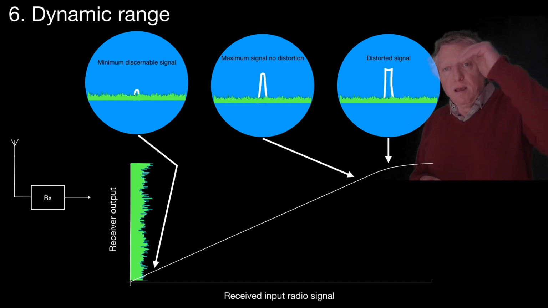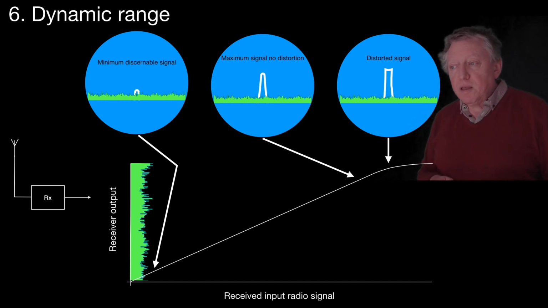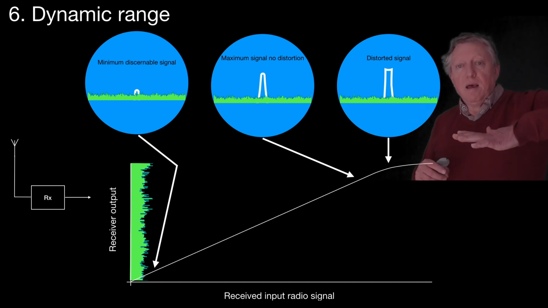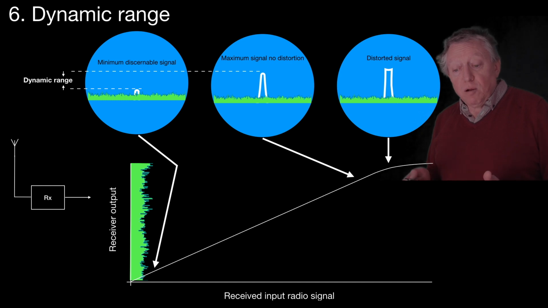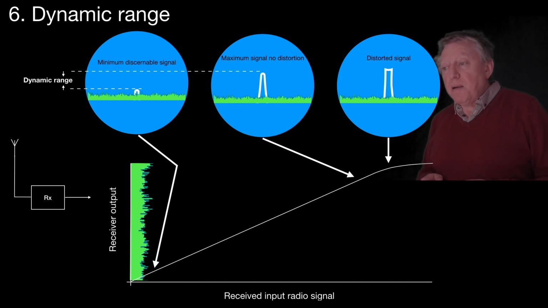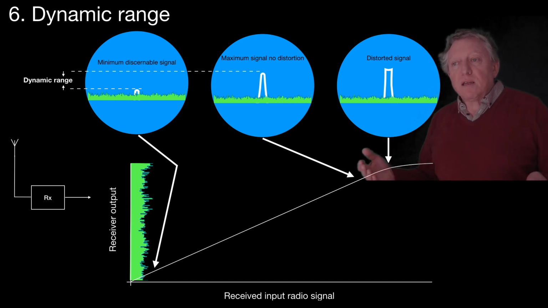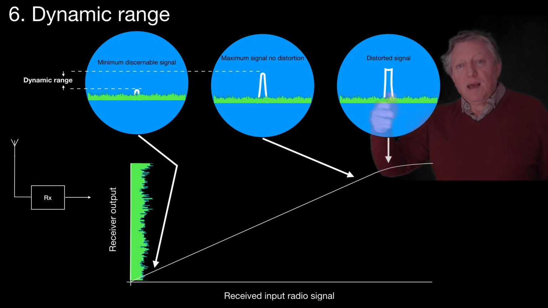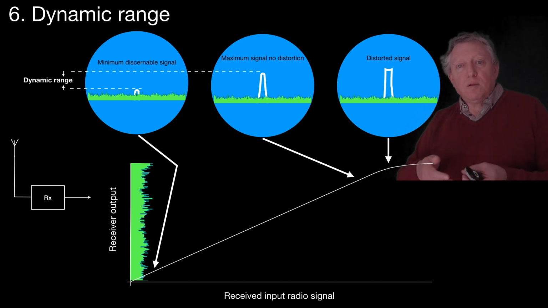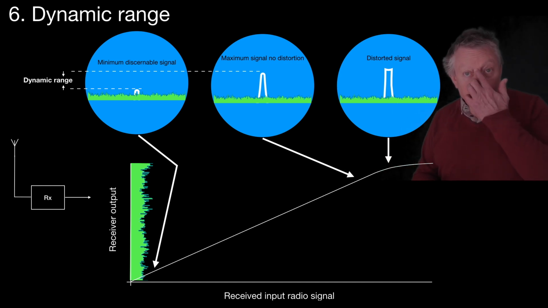Instead of a nice rounded top that you might normally see, you'll start to see clamping of the signal and distortion occurring. So then the dynamic range is between the minimum discernible signal and the maximum signal with no distortion. That's the dynamic range of a receiver, and it gives us an idea of the receiver's ability to accept small signals and large signals without introducing distortion.